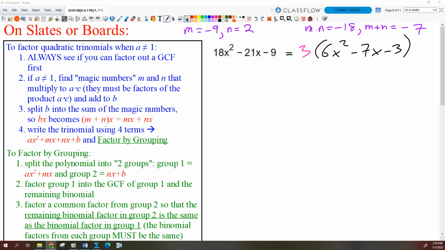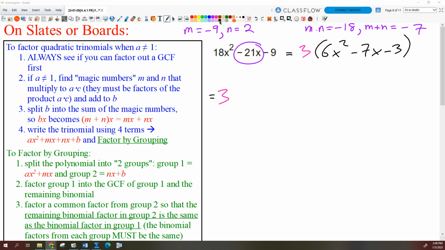Okay, so if we split this up then, what is our middle term going to split up into? Good, so we're going to get the negative 21x is going to become, sorry, this guy right here. I forgot my 3 out front. I got confused there for a second. Don't forget that 3 out front. We've got that 3, and then we're breaking up all of this stuff, right?